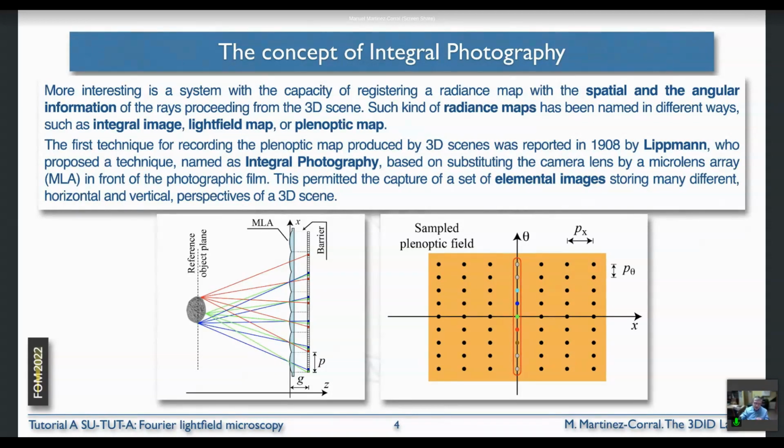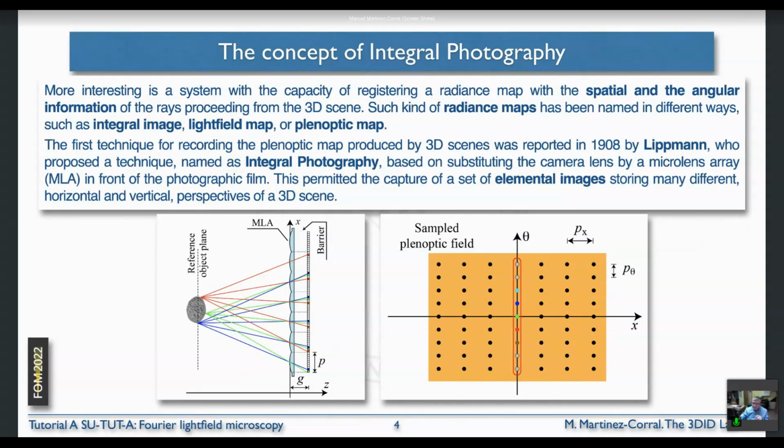And the inclination is determined by the pixel that is collecting the light. So in fact, we can take all these pixels and put them here, therefore a column in the plenoptic function is one of the conical elemental images. If we go to the neighbor elemental image, this is represented in this other column. So a column in the plenoptic function is an elemental image with conical perspective.